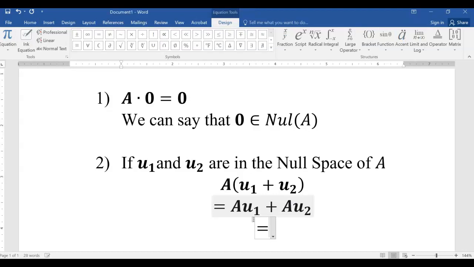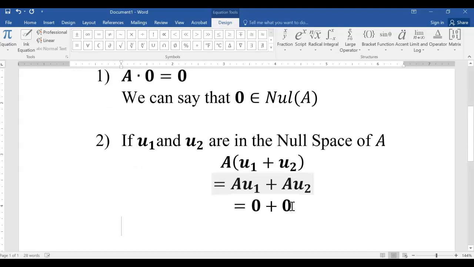So we get the 0 vector for this part. We also get the 0 vector for this part. Add up the 0 vectors, you get the 0 vector.